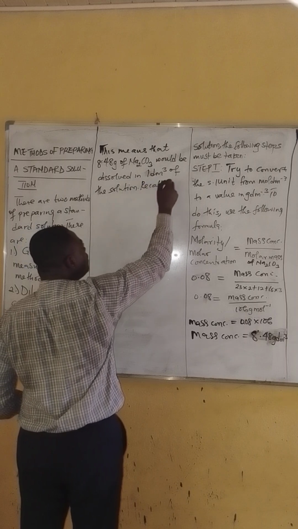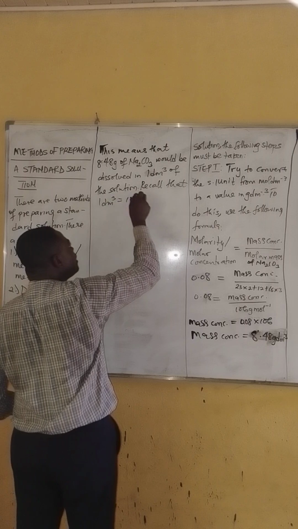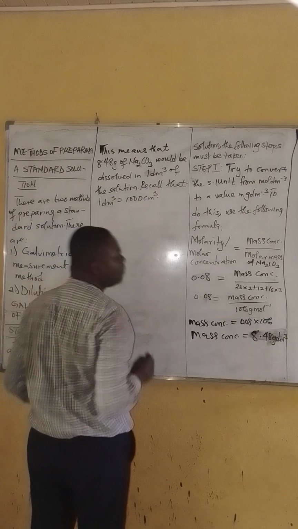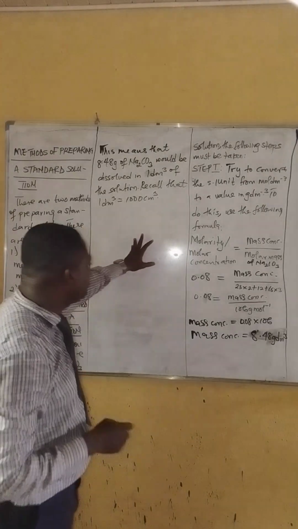Recall that 1 dm³ is the same as 1000 cm³. Now, what does that mean? From here now, you know what to do. So you have done that.